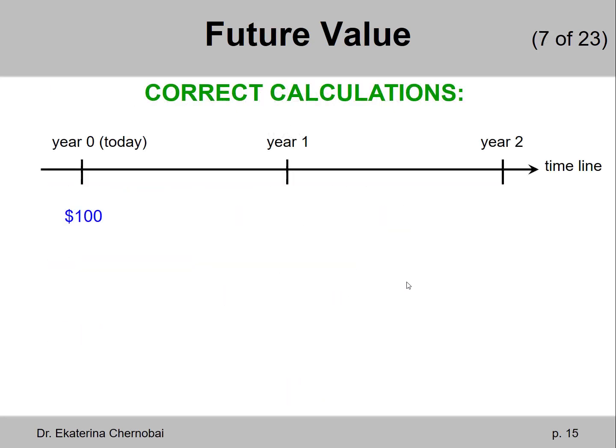Okay, what's going on here? What would be the right way to solve the problem? The correct calculations are as follows. You deposit $100 today in year 0. In year 1, you have $100 plus interest, which equals $100 plus 10% times $100, which equals $100 plus $10 in interest, which gives a total of $110.